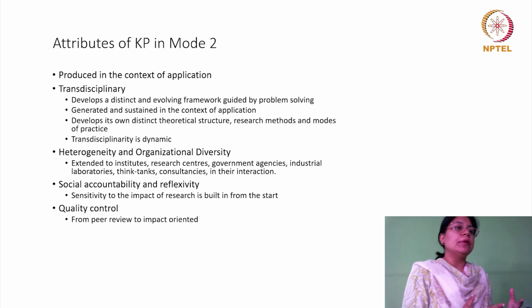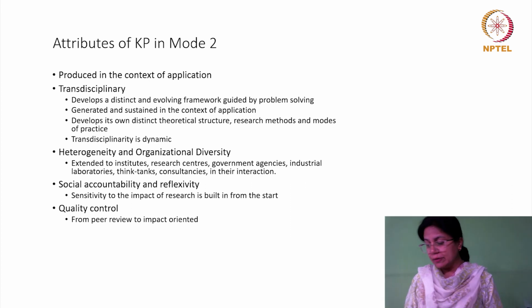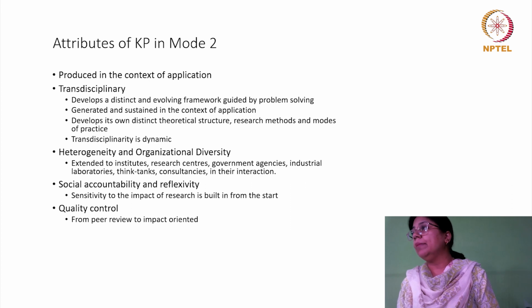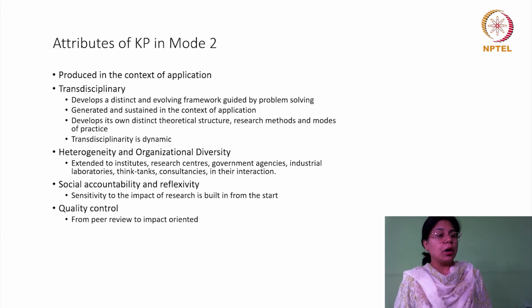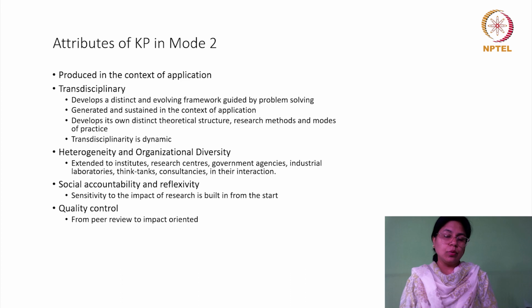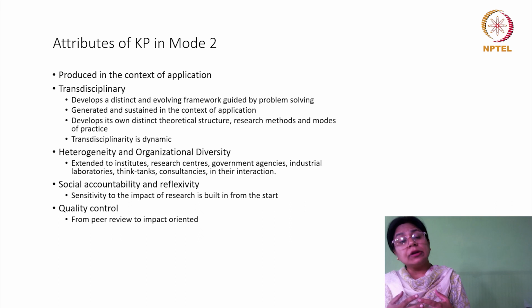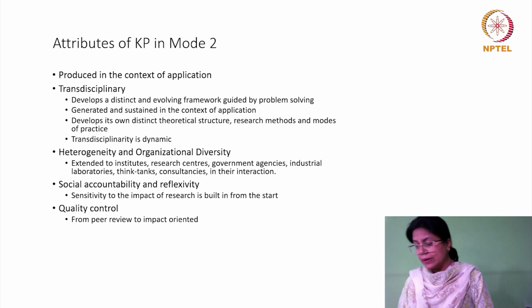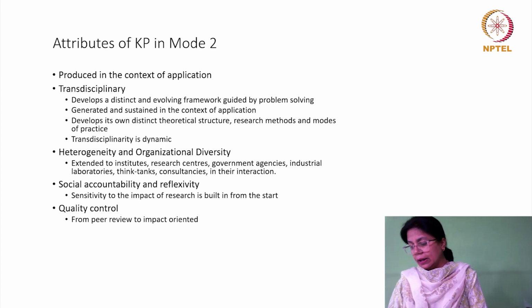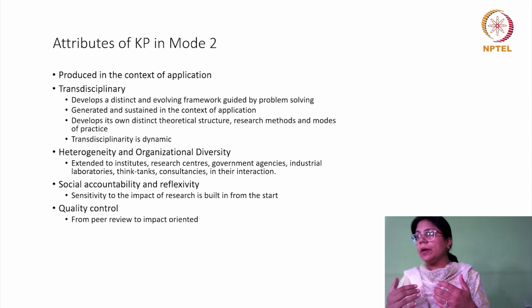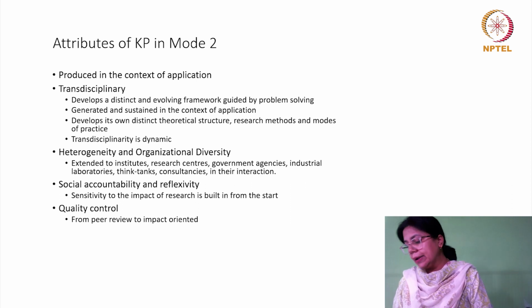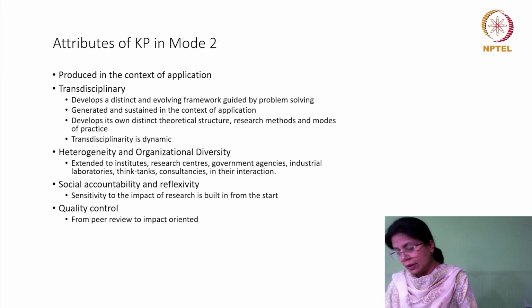These are the people who have already established themselves in the field, who are judged as competent to assess, check and verify the knowledge which is being produced. But in mode 2, the authors have contended that there are additional criteria which have been brought forward, and also more agencies are involved in ensuring quality control.